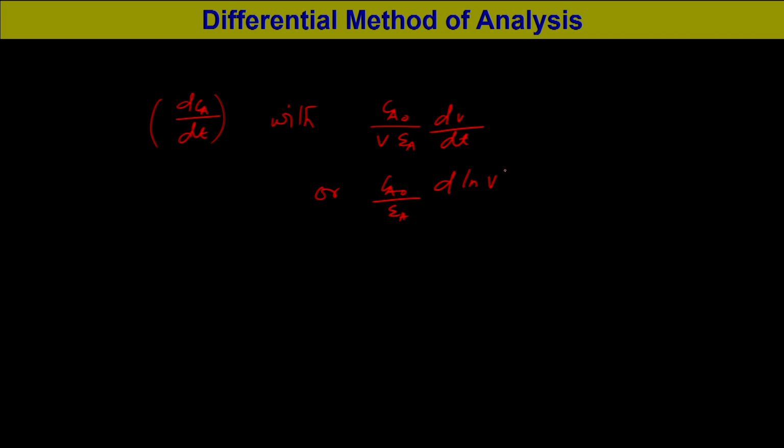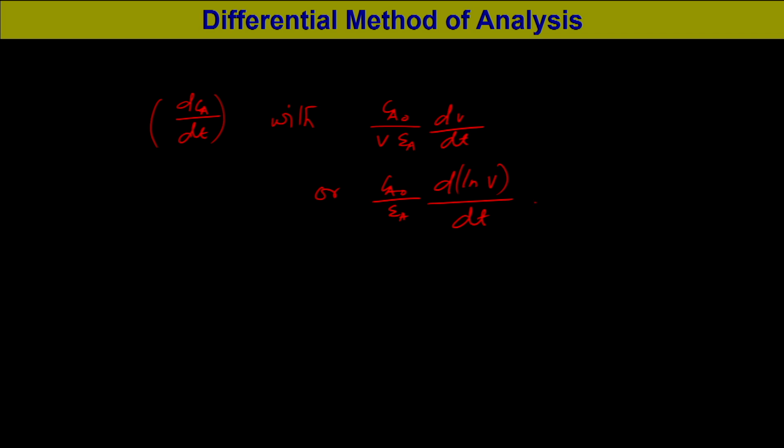In this case, the dCA/dt term would be replaced with either Ca naught by V into epsilon A dV/dt, or Ca naught by epsilon A d ln V/dt.